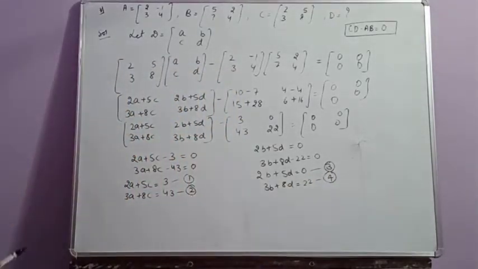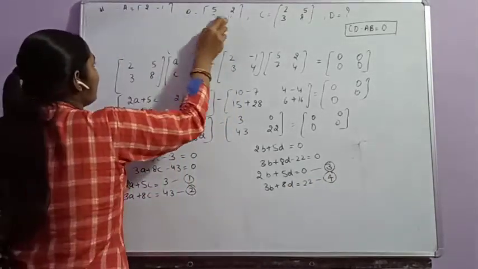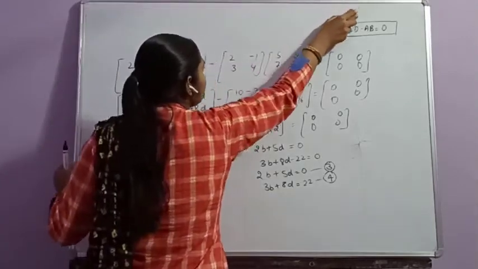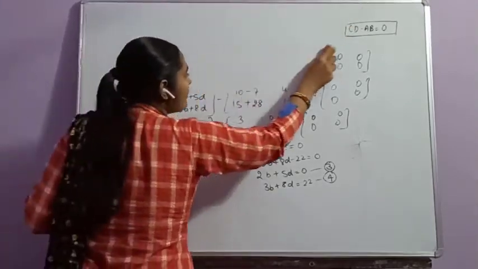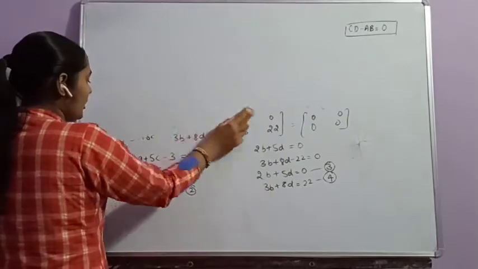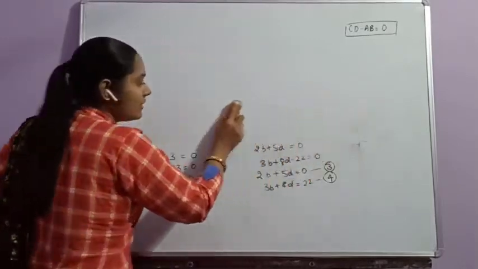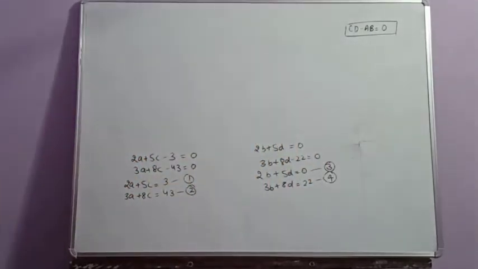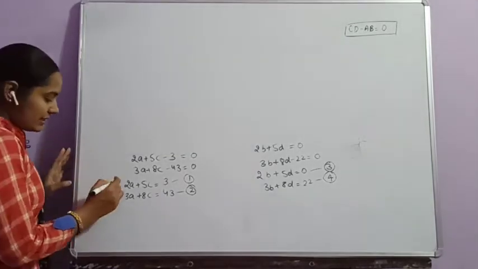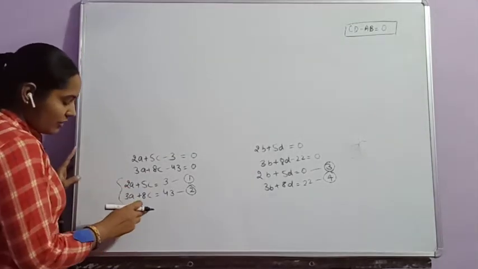So by solving equations 1, 2, 3 and 4, we can find the values of a, b, c and d. If we find them, then we put them in the elements of matrix D. Now firstly we take equations 1 and 2.